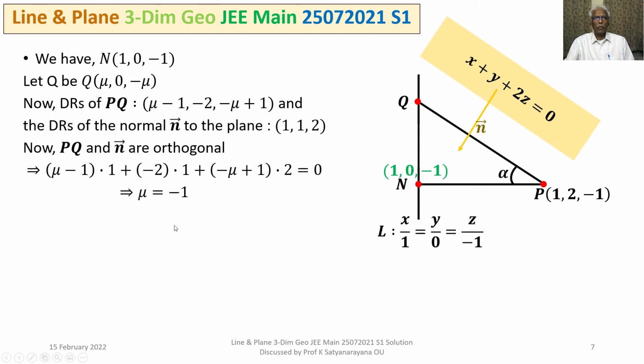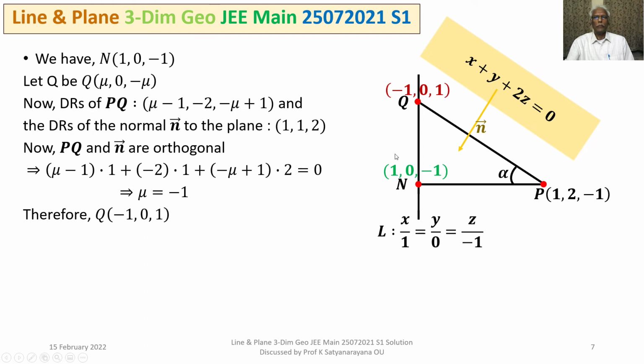And simplifying, we will get mu is equal to minus 1. Then the coordinates of Q will be minus 1, 0, plus 1. So therefore, Q will have the coordinates minus 1, 0, 1. So the coordinates are given here, minus 1, 0, 1.